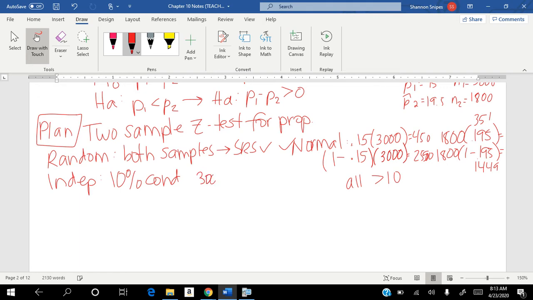It's 3,000 less than or equal to 1/10 of all teens from '88 to '94, and 3,000 less than or equal to 1/10, not 3,000, that's 1,800.